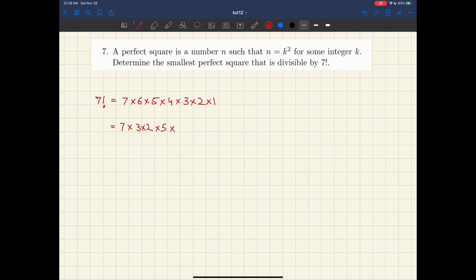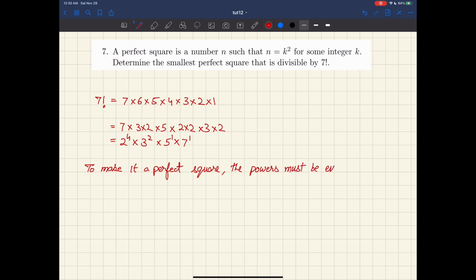So first just write down the prime factorization of 7 factorial, which is 2 to the power 4 times 3 to the power 2 times 5 to the power 1 and 7 to the power 1. Notice that 5 and 7 are the only numbers with odd power. So if we were to multiply it by 5 and 7, it would become a perfect square and would still be divisible by 7 factorial.